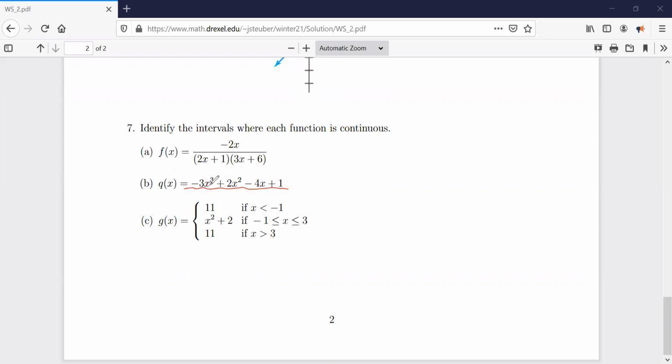So this is a polynomial, right? It's just sums of powers of x. So it's going to be continuous and we don't have to worry too much. So this guy is going to be continuous everywhere. So how am I going to write that out? -infinity to infinity. Perfect.